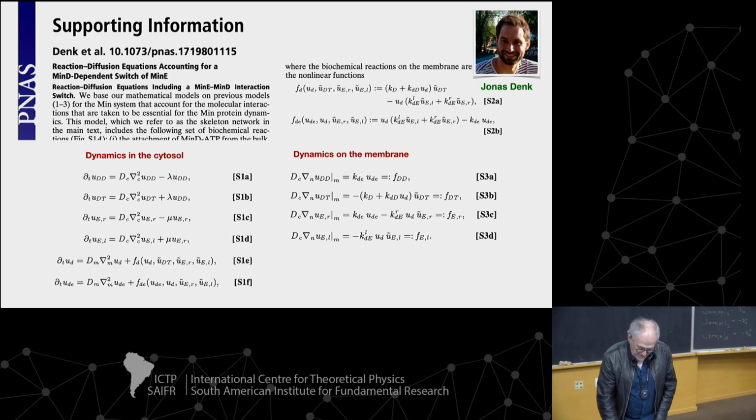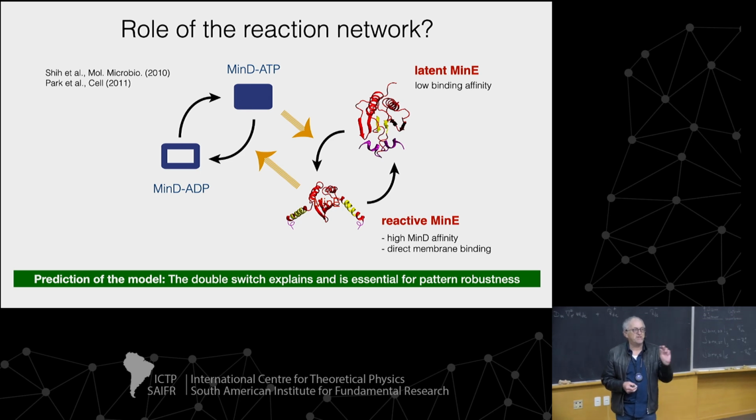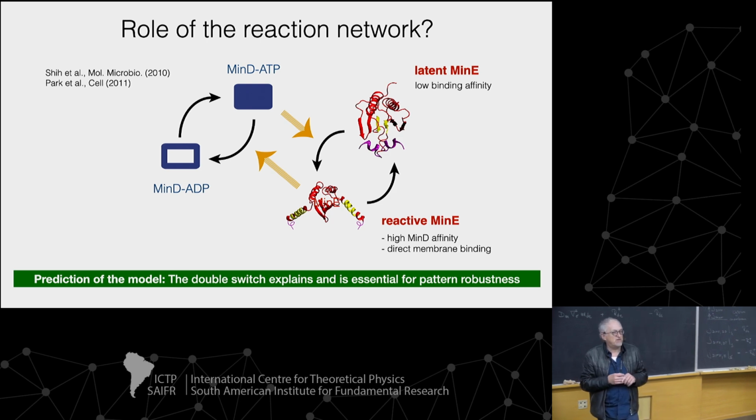And the prediction of that theory, the basic prediction, and I don't go into details, is that this double switch, this MinD, MinE switch pair, is essential for the pattern robustness. Because that's what they saw in the data. They saw patterns over a very broad range of MinE to MinD ratios. And that means biologically that these patterns are robust.